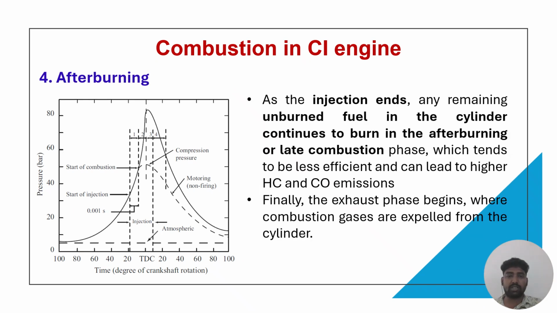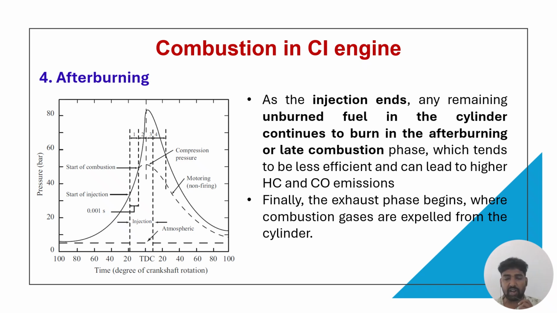The last stage of CI engine combustion is the afterburning stage. This occurs after the end of fuel injection. Any remaining unburned fuel, or fuel that mixes with air, slowly combusts in this tailing-off phase.